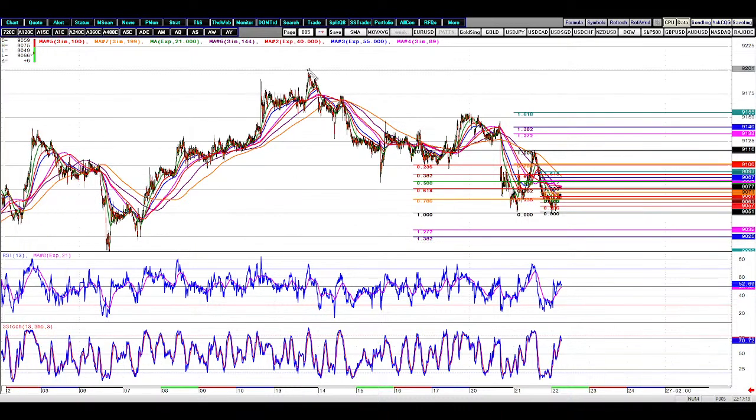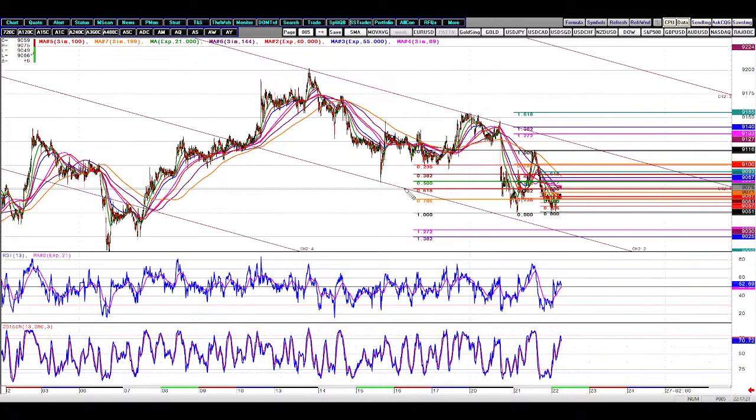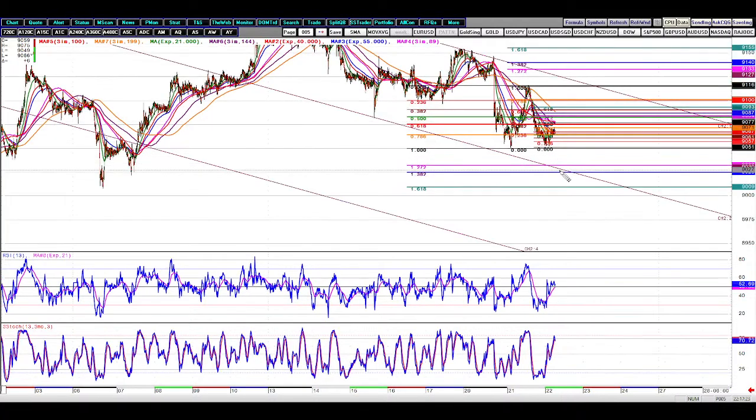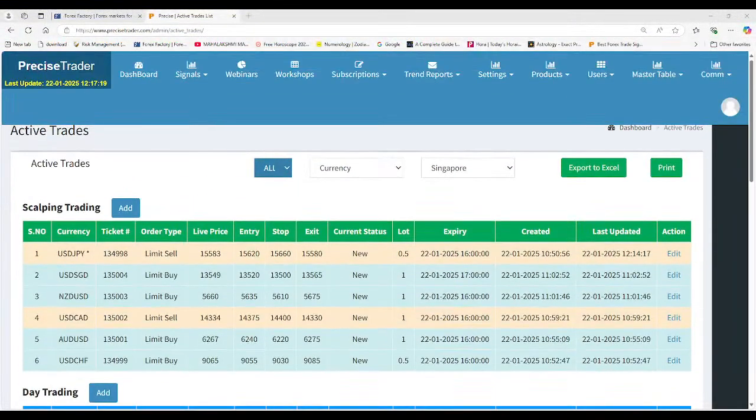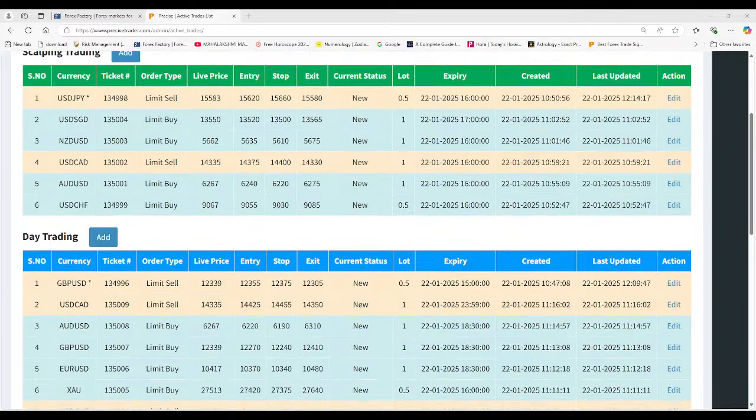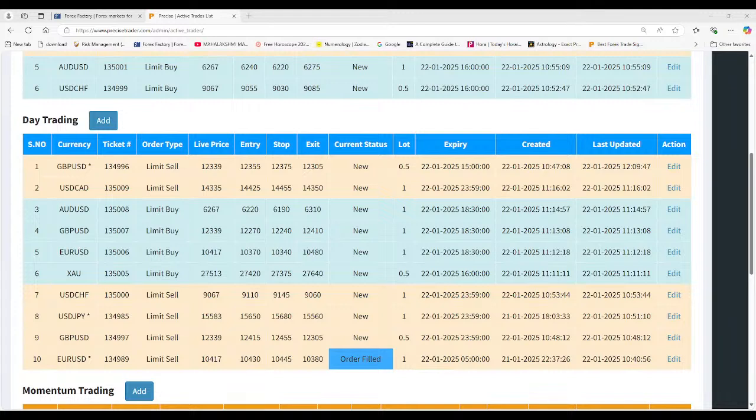So let's see. 90.10. This is if you are trying to buy, this is a counter trend, and exit before 90.85 and 91.10 and 90.60. I think this is also a valid call.